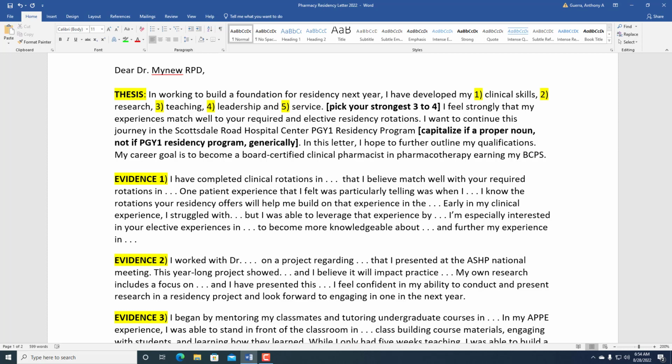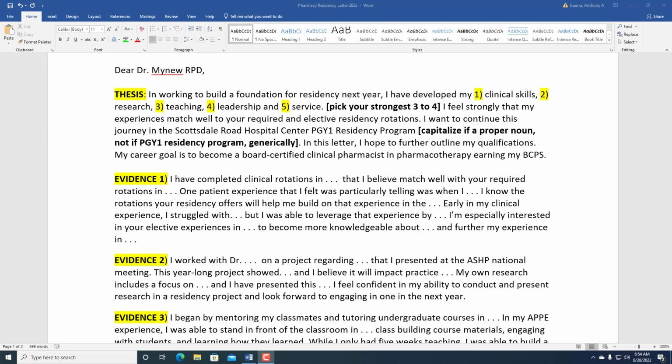Maybe it works out that you did ID, and when you're at the site, you're actually going to do antimicrobial stewardship. It's a little bit different. But what you have said is, not only have I done these rotations, I looked at your website and I know what you have to offer, and that's what I want.